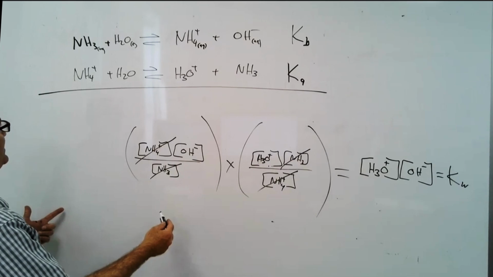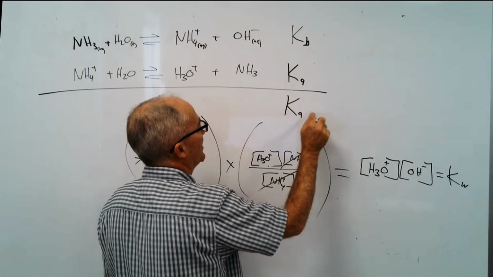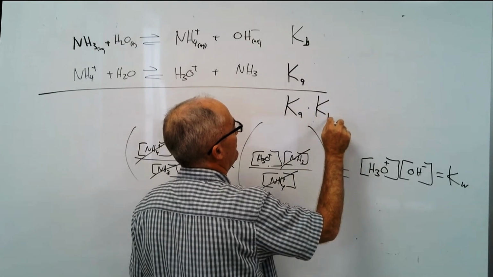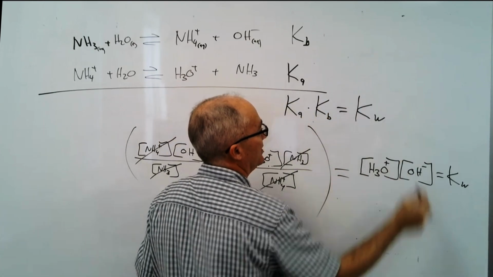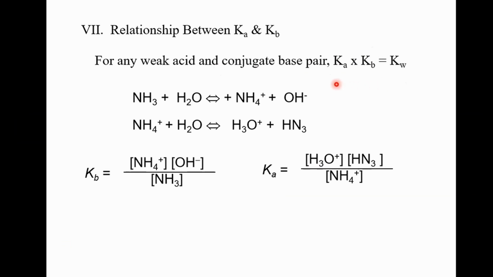And so what that means here is if I add these up, I'm going to go Ka times Kb equals Kw. So hopefully, I could just tell you this. So is that applicable to all of them? Any weak acid and its conjugate base.